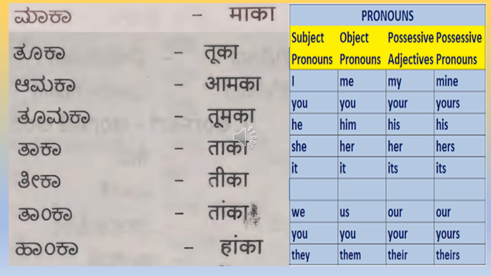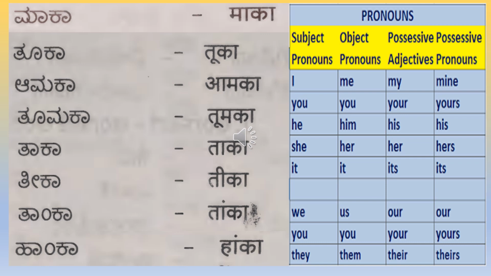Like we used te for far, hai for near, like that and this. Plural form, tanka, to them. Hanka, to them with closer proximity. So I repeat, makka, to me. Te maka di, give that to me. Tukka, hau tuka dita, I'll give it to you. He ambe, amka, these mangoes are for us. He ambe, tumka, these mangoes are for you.